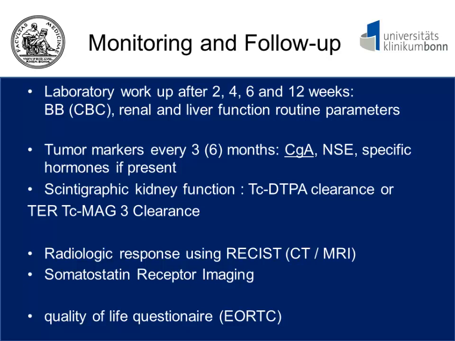Renal function should also be tested, and in patients with renal insufficiency or decreased renal function, you can perform a technetium DTPA scan for the GFR measurement or technetium MAG3 clearance measurement. Also, the radiologic response should be tested using RECIST criteria by CT or MRI imaging, and somatostatin receptor imaging is a part of follow-up of these patients.